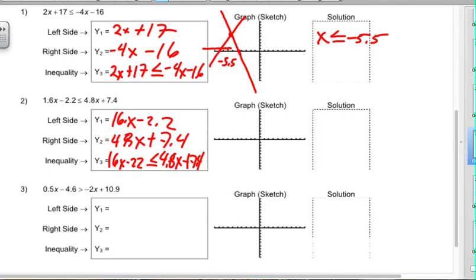And then when we graph this guy, got one line which looks something like this, another line which looks something like this. My intersection is at x equals negative 3.